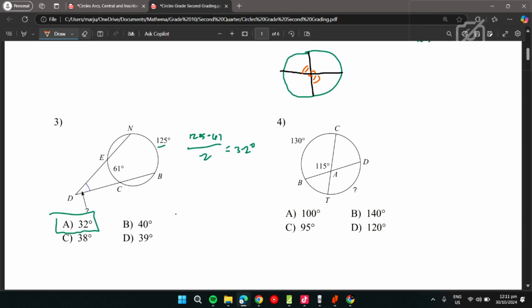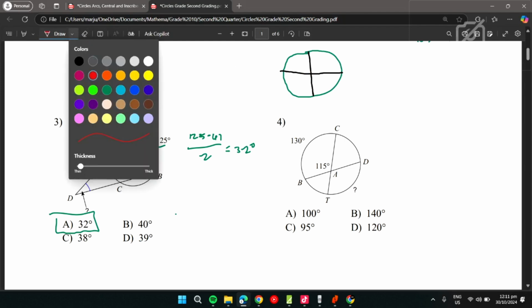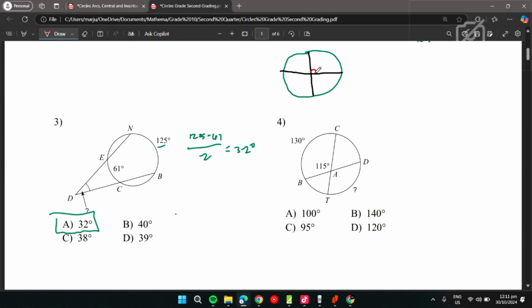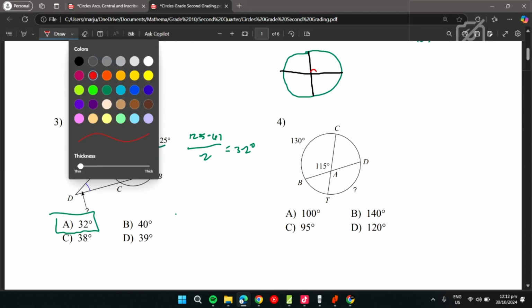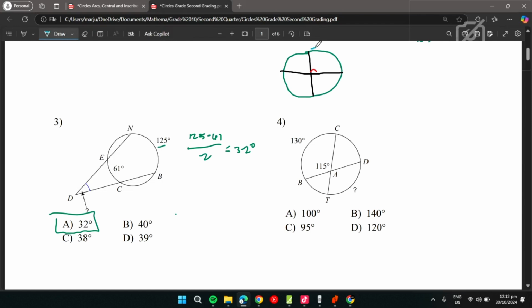Now, how do we find the measurement of each vertical angle? Ang measurement ng vertical angle na to is just 1/2 of the sum of these two arcs. Alright? Yan na arc, and then the opposite arc. So, add mo yung dalawa, and then get the half, you will get the measurement of this vertical angle.